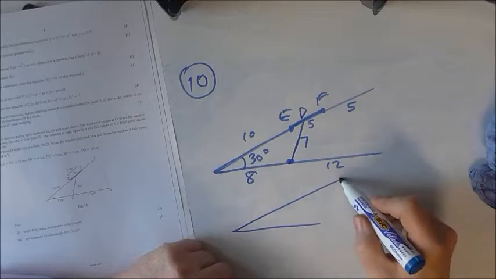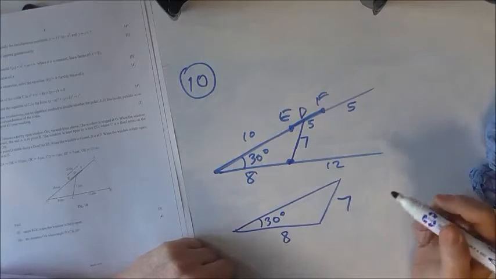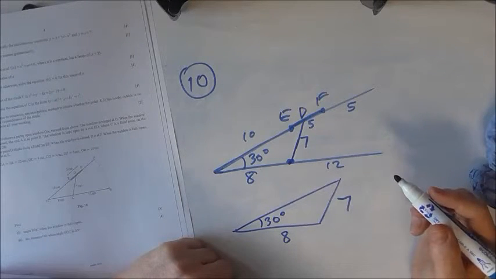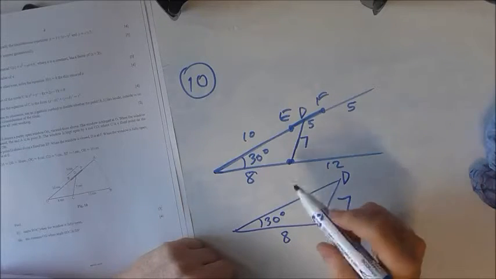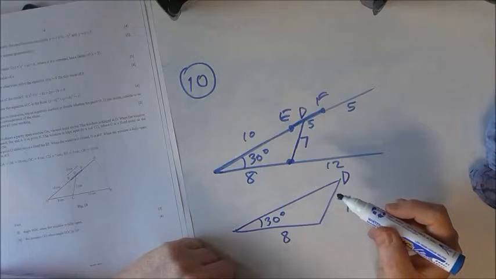So, just copying this out, we've got 7 there, we've got 30 there, we've got 8 there. We want the distance from O to D. Okay, so this is sine rule, I think, but I'm not sure.